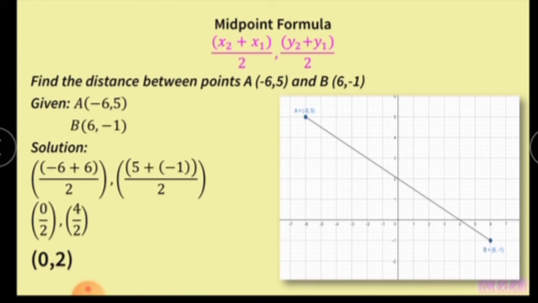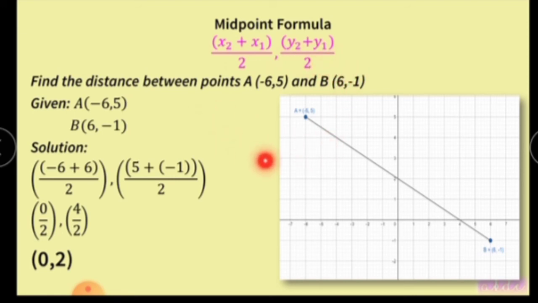Next is the midpoint formula. The midpoint formula gets the middle point, or the center, of the line segment, so it divides the line into two equal parts. The formula is x sub 2 plus x sub 1 divided by 2 for x, and for y it is y sub 2 plus y sub 1 all over 2.